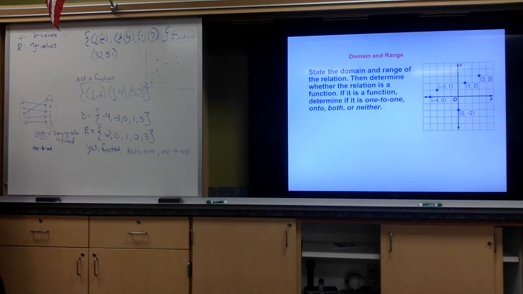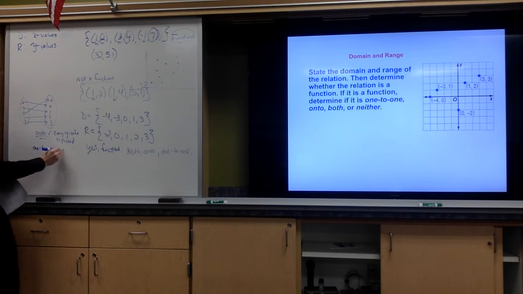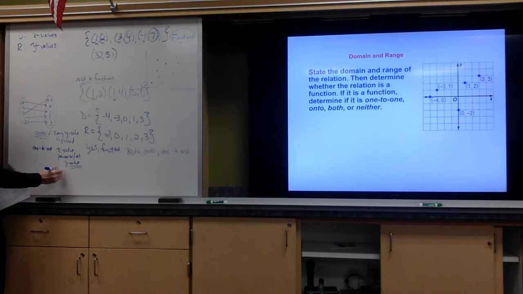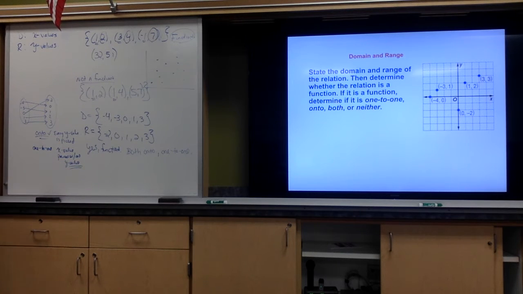How do I want to say this? Is an x value paired with one y value? And it is, right? Every x value is paired up with a y value. Meaning a y value isn't picked twice.